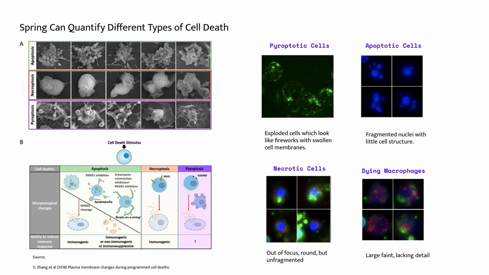We also quantified the composition of different types of cell death. Cell death pathways such as apoptosis, necrosis, and pyroptosis all induce specific morphologies which we built computational methods to quantify.